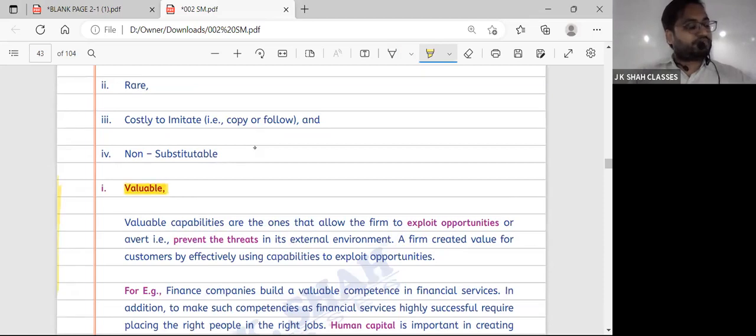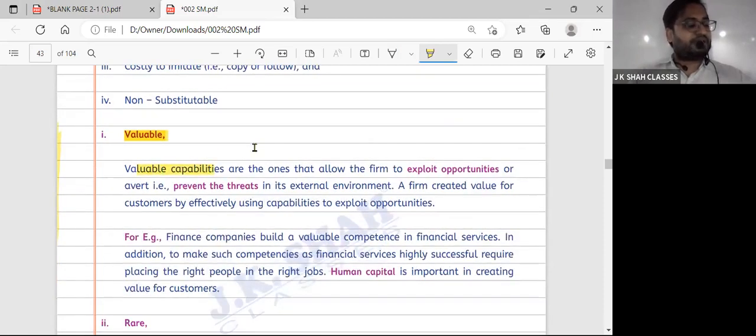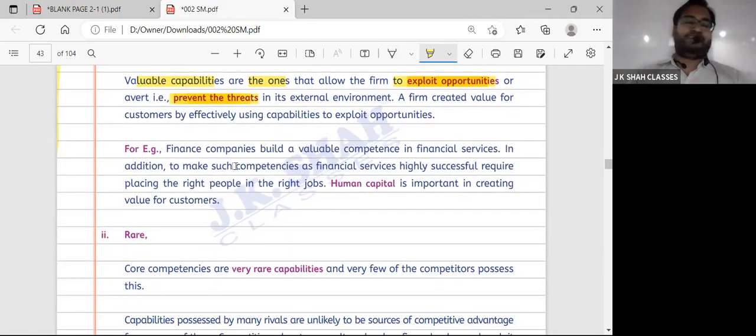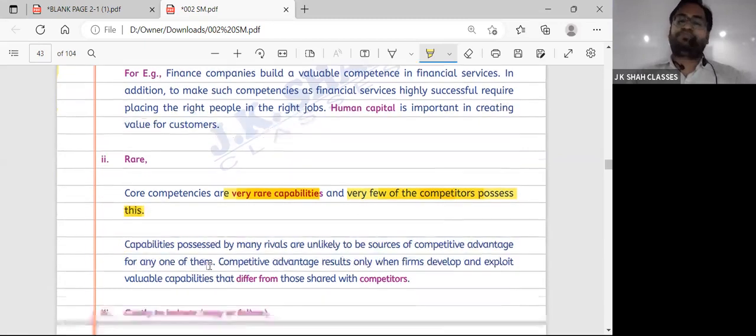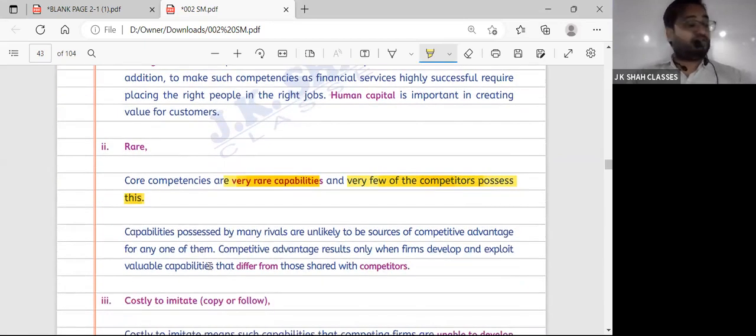Valuable. Valuable capabilities are ones that allow the firm to exploit opportunity or to prevent the threat. Other examples you read, I will not read. Core competences are rare capabilities, very few competitors possess this. Rare, very few.